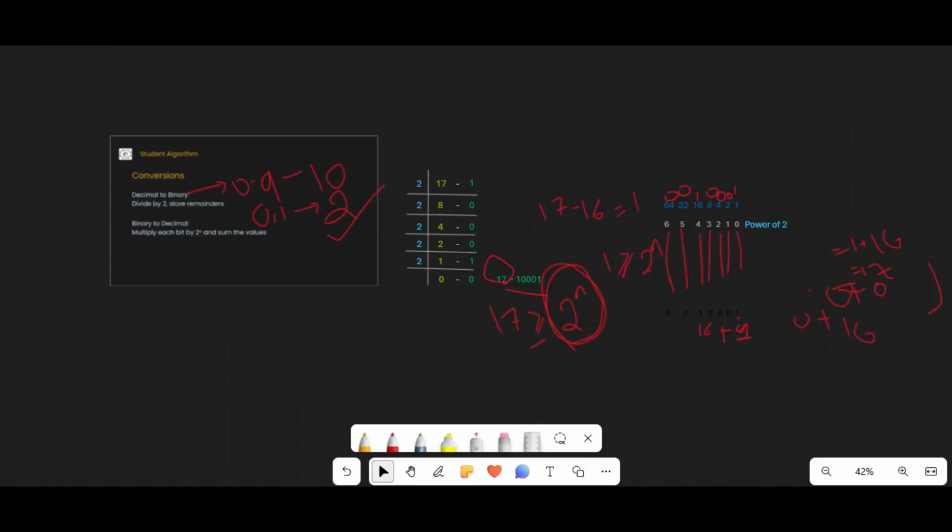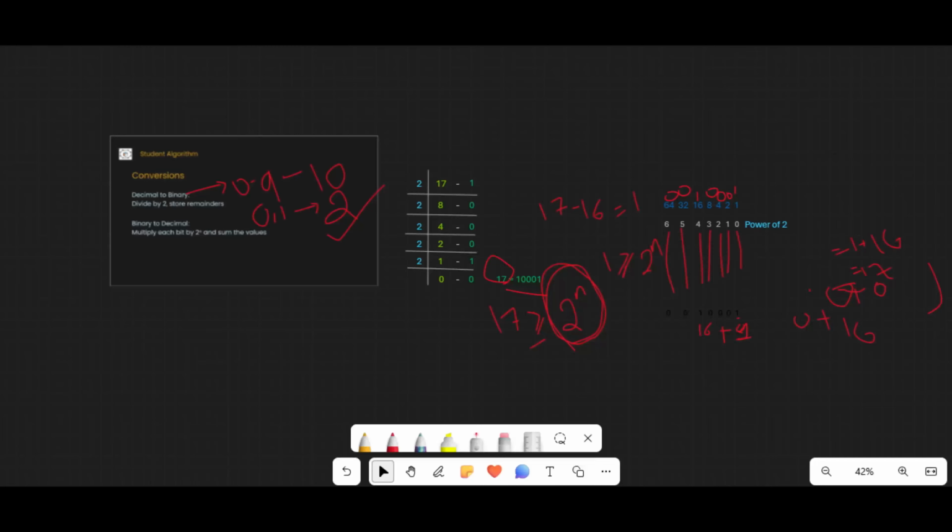Then we need to put 1 over here, and then subtract. How much did we get? 17 minus 16 equals 1. Again we need to follow the same process: find the nearest value of 2 power n that is not greater.